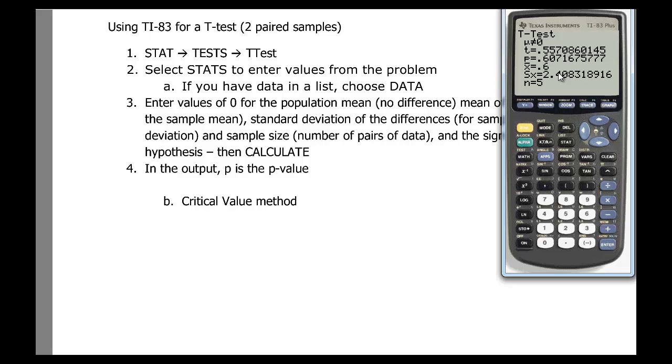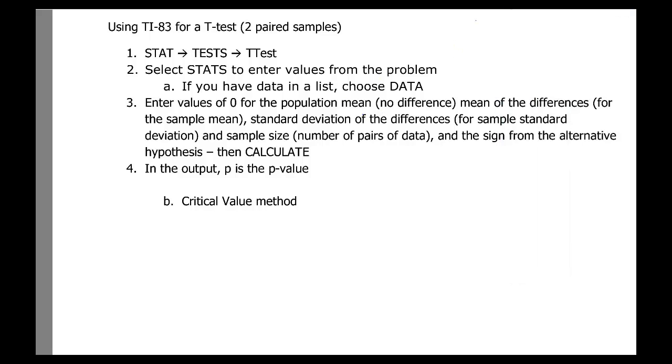So there's our value for t, 0.56, same as we got with the equation. Here's a more accurate p-value, an actual number. We were just kind of estimating what the p-value was from the table. And then it recaps the mean and standard deviation of your differences. So we get the same value for t. Our p-value is more accurate.